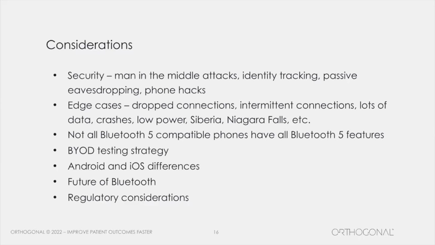That's been relaxed, although for class 3 devices, it's not so relaxed at this point. But the other part is, as we saw with the nerve stimulators, we have more and more sophisticated features and more risk on the client side as well. So there are a number of strategies around how you go about testing and mitigating those risks. A lot of that comes down to your BYOD testing strategy.